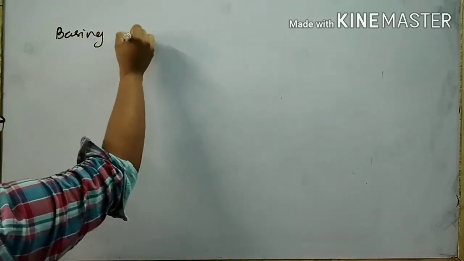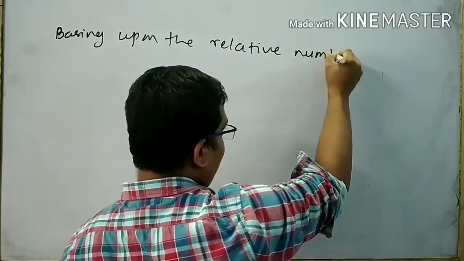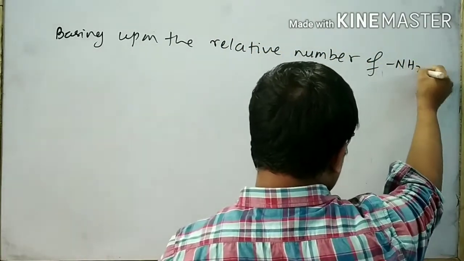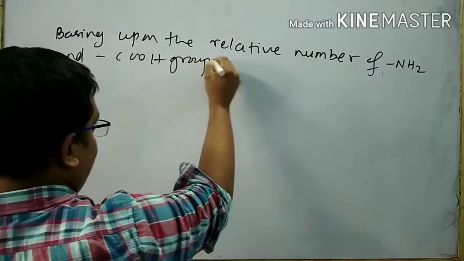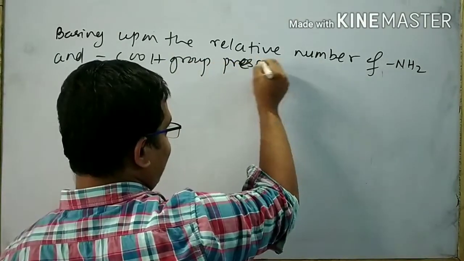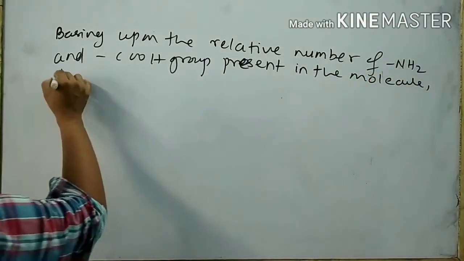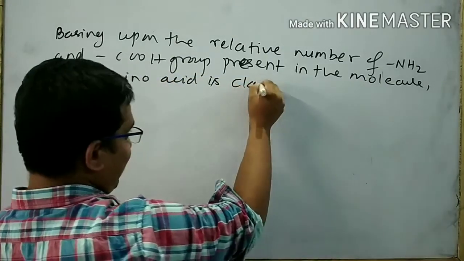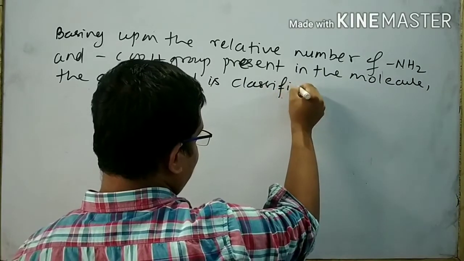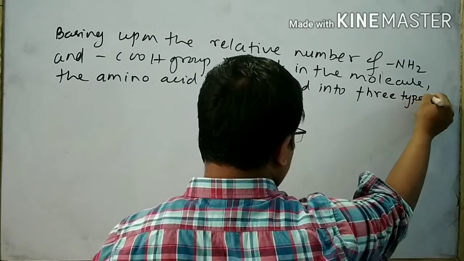Amino acids can also be classified depending upon the relative number of NH2 and COOH groups in the molecule. So we can write: based upon the relative number of NH2 and COOH groups present in the molecule, the amino acids are classified into three types.